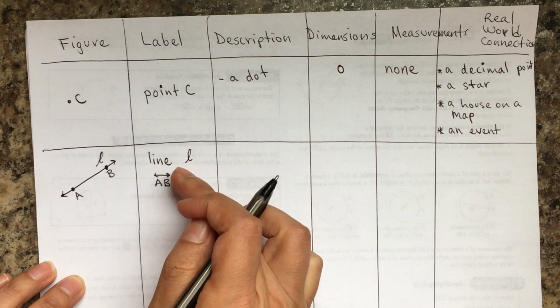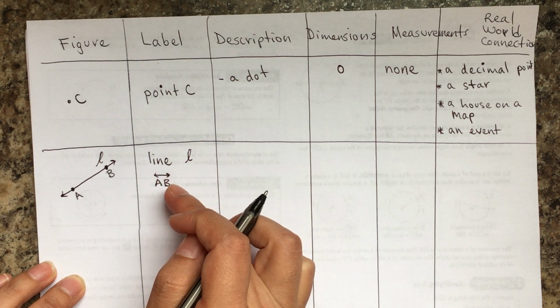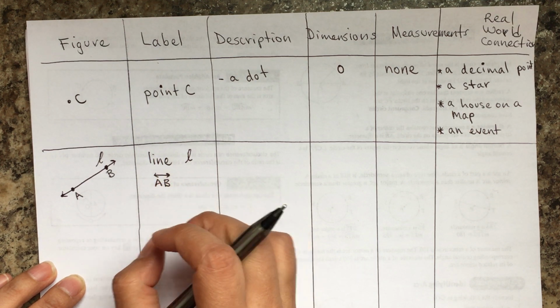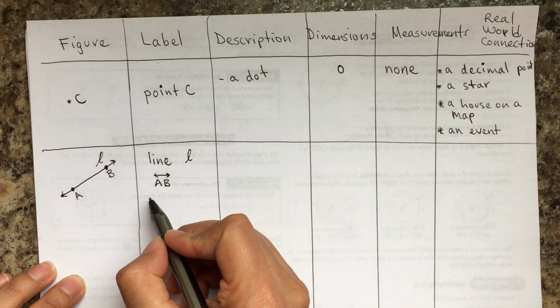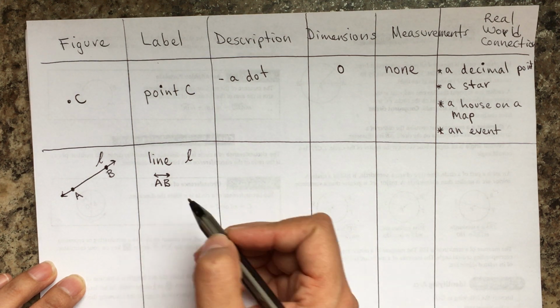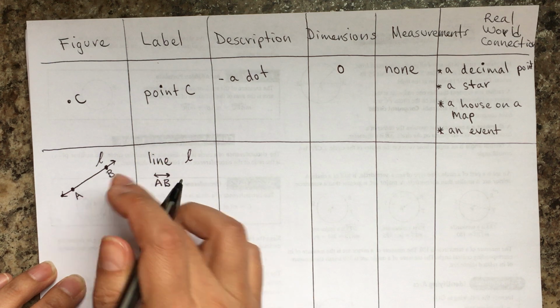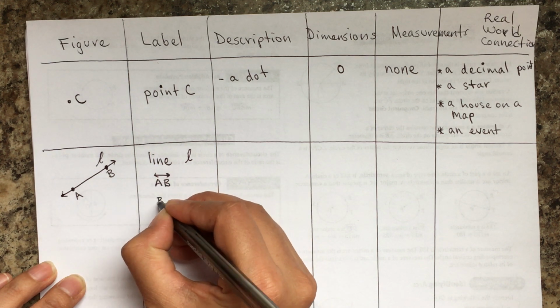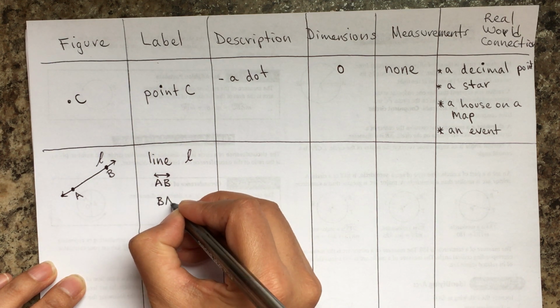Notice how I'm using a symbol for this. This is a mathematical sentence, but if you were to describe it in words, it would be line AB. But the same line can also be called line BA.